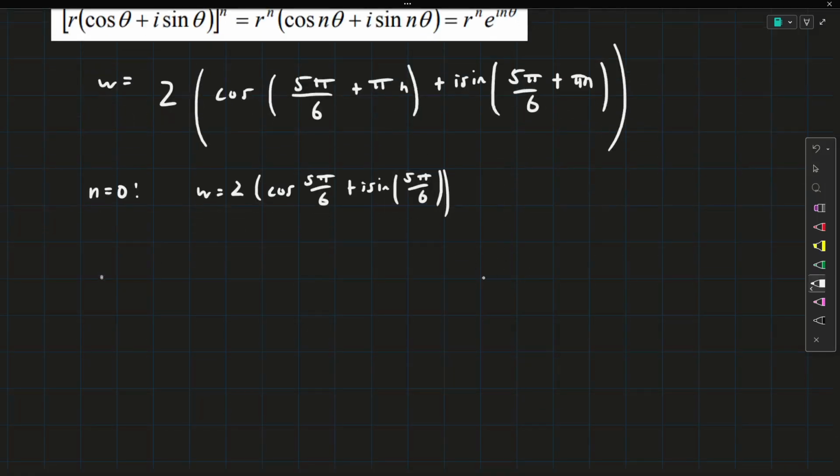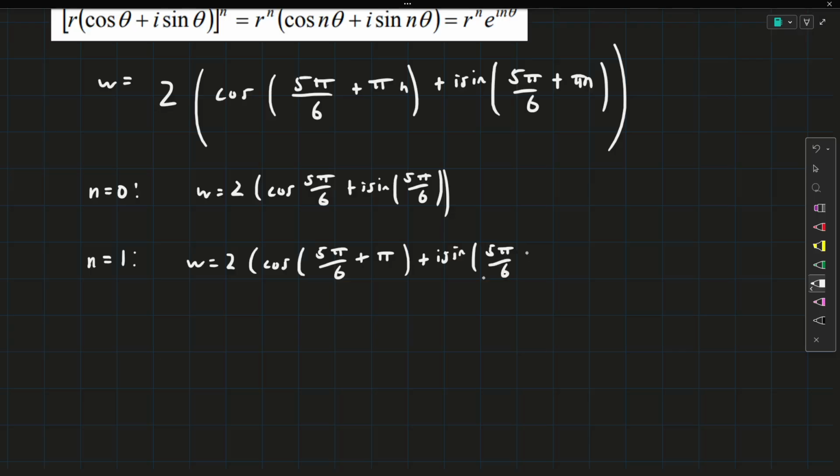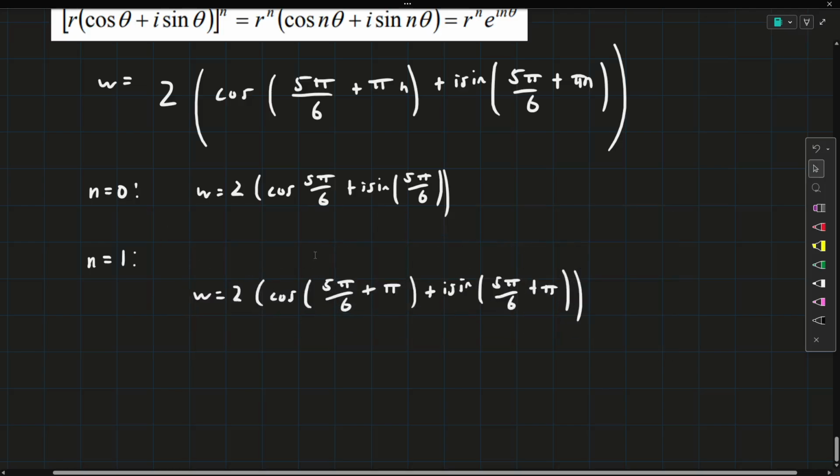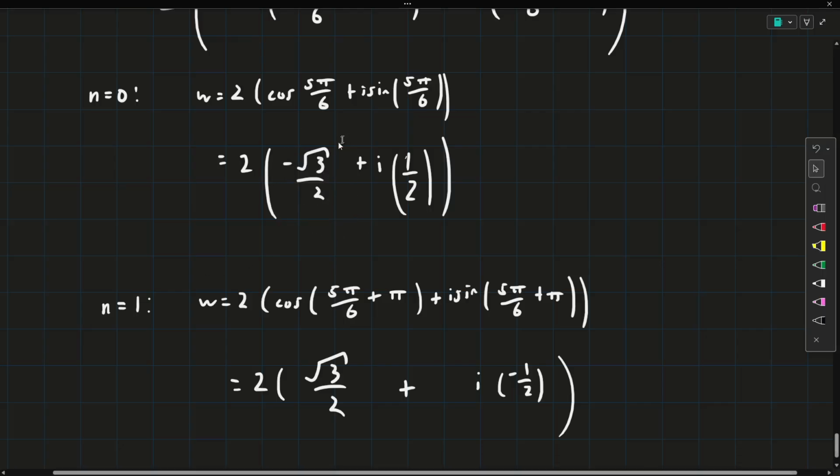But then our other answer will be for n equals 1, where w will be equal to 2 times cos of 5 pi over 6 plus pi, because n is equal to 1, plus i sine of 5 pi over 6 plus pi. And we can just get numbers on those because they do want it in the form a plus bi, so you can just put each part into your calculator. So you can put in cos 5 pi over 6 and sine 5 pi over 6 and see what they are equal to. So up here, when you do that, you'll get these numbers.